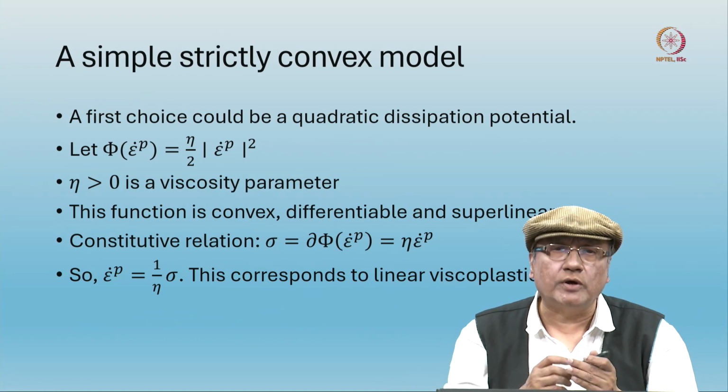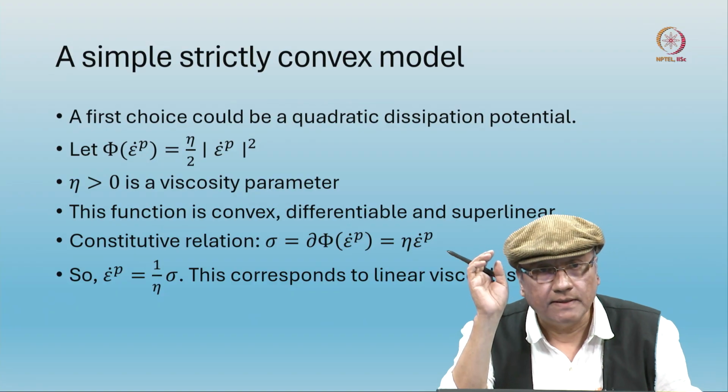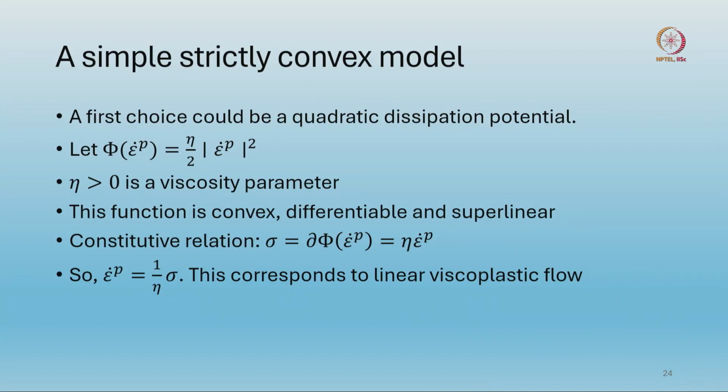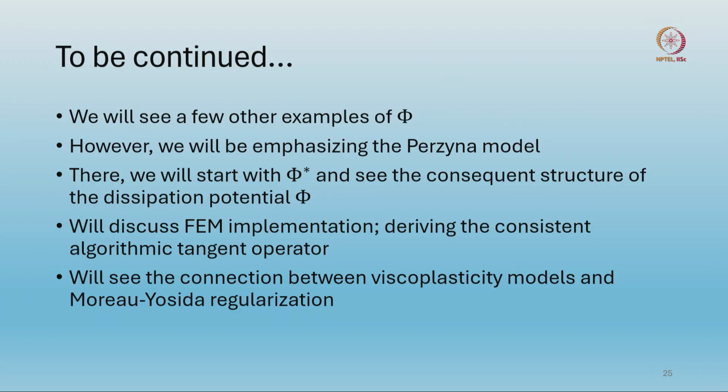We will be talking about these models better in the next class, because we have already been spending over 30 minutes on this lecture. Essentially, in the next lecture we will be discussing several examples of such phi which are there in rate dependent plasticity, but we will emphasize the Perzyna model of plasticity, right.